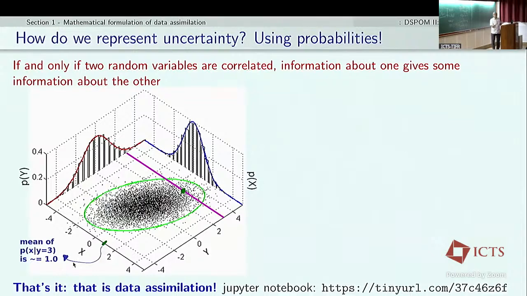So the unconditional marginal distribution of X has a mean of 0. With the observation Y equal to 3, you get a mean of P of X given Y to be 1. So you get additional information because of the observation Y, and this is in a nutshell what data assimilation does. Every time you have an observation, you get a conditional distribution.